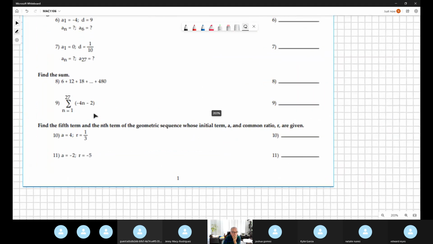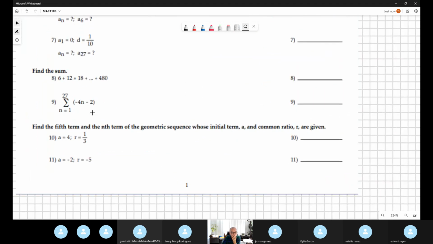Because the expression inside the summation is linear, exponent 1, not quadratic. So when this situation happens, it obviously obeys the formula a sub n equals a1 plus n minus 1 times d. So we can solve it in both ways, like a summation or like an arithmetic sequence.